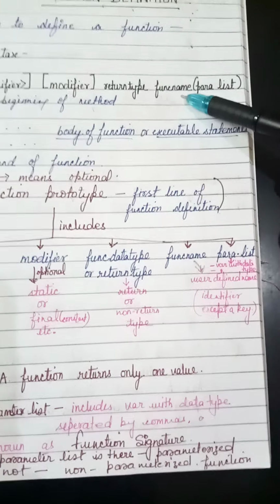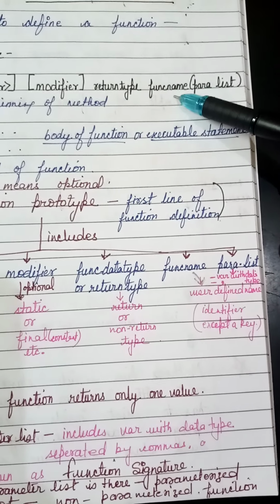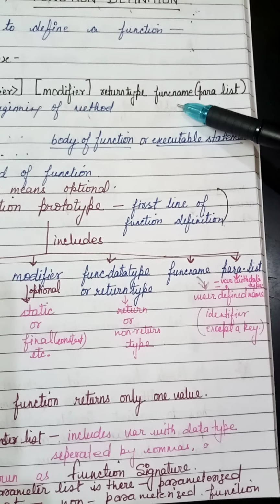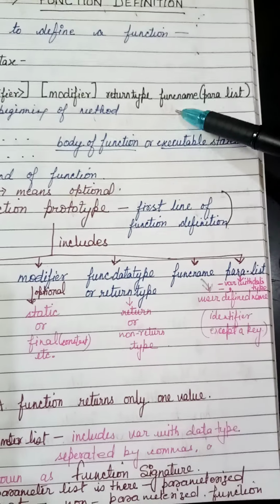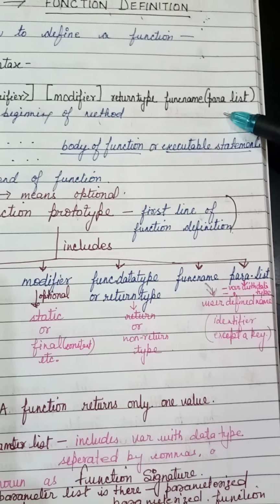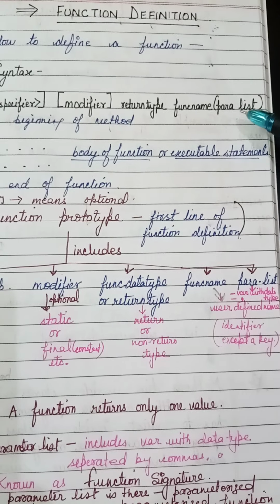Now function name. A user defined name will be there for function, and this will be an identifier other than a keyword or predefined function name, followed by the parenthesis, parameter list within the parenthesis separated by comma.